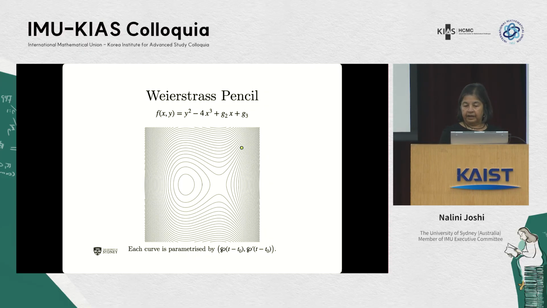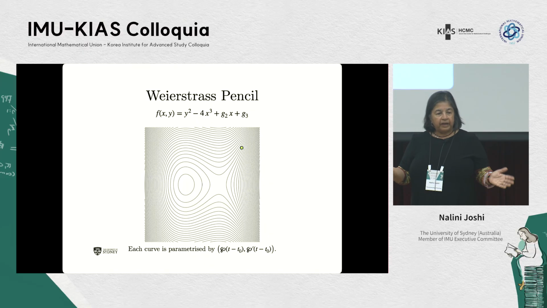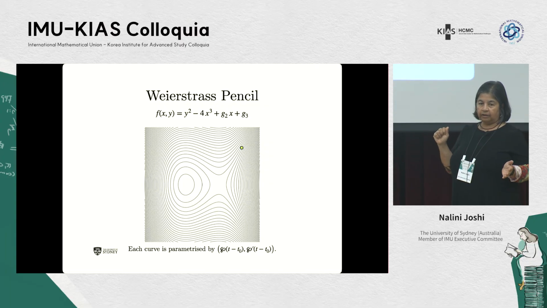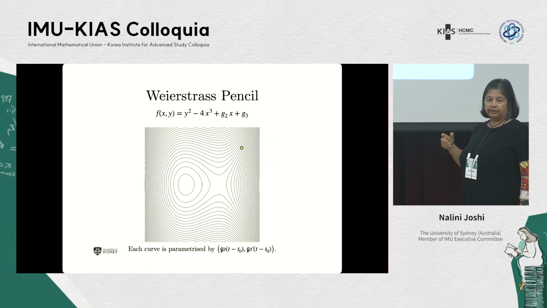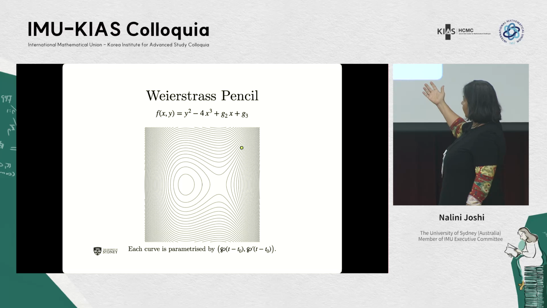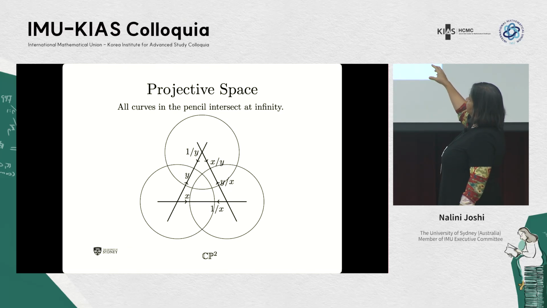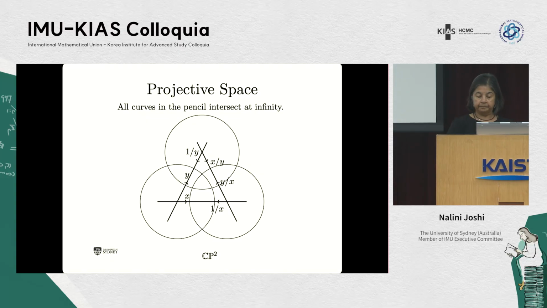And because they all intersect at infinity, we now have to look at these curves in projective space. It depends on your favorite projective space, which one you choose. Here is just a snapshot of CP2, complex projective space of dimension 2. I like to work with affine coordinates because it makes it easier for me to get explicit information. So there are 3 charts covering CP2. To work at infinity, I'm looking at, for example, where y goes to infinity.